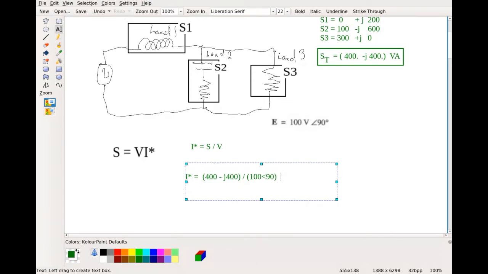Make sure you use parentheses here to calculate this.